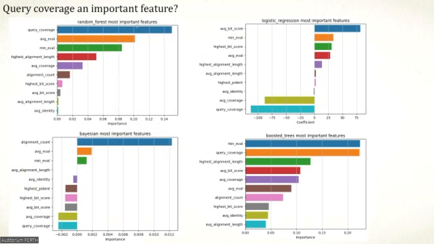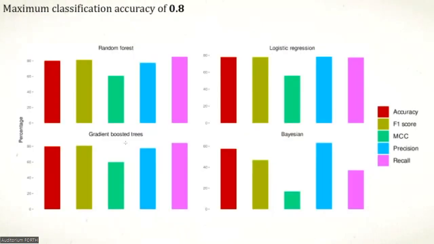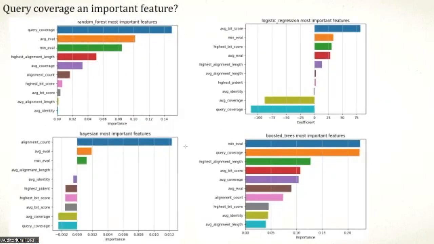I didn't explain that, but the way we did a simple featurization: we took the different columns from the DIAMOND output, and we turned them into some simple features, which include the total query coverage, the average e-value, the minimum e-value, the highest alignment length for a hit, the highest bit score, etc. And I should say for the Bayesian classifier, it's the one that we tested, there were 4 models, and the Bayesian was the one that performed the worst. So we can maybe keep that one out for now.